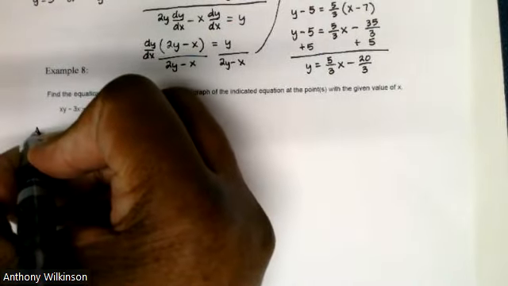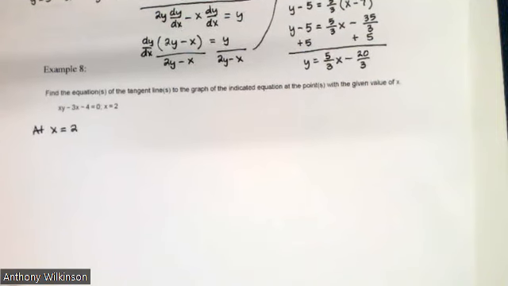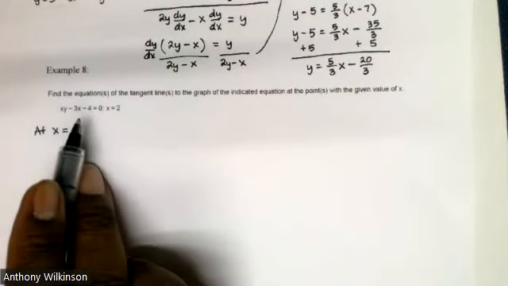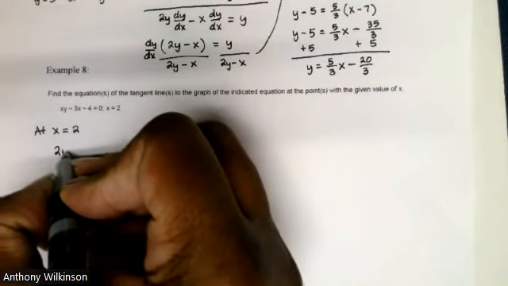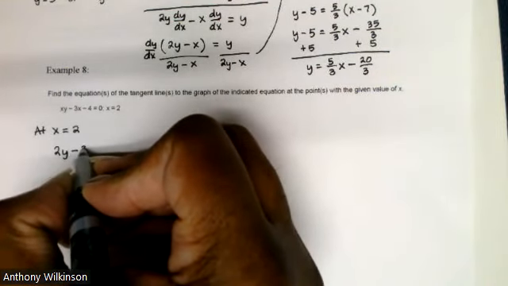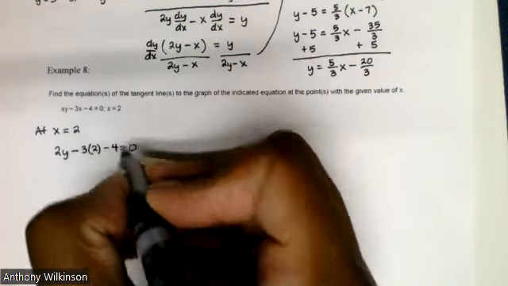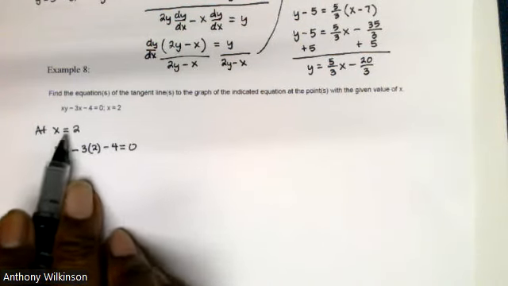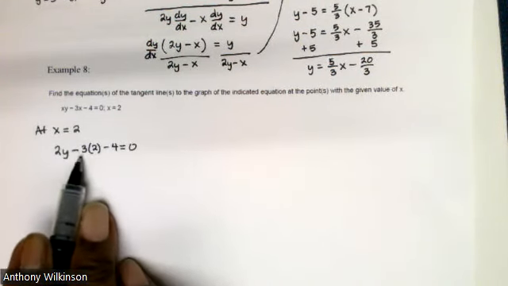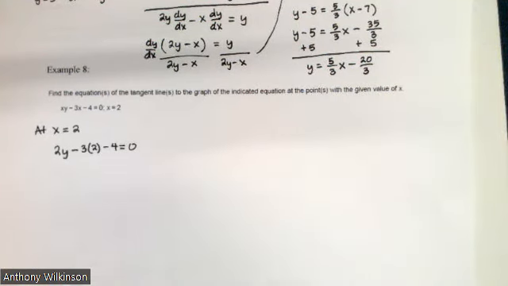Well, let's find out what y is when x is equal to 2. So we just substitute each and every x in this equation with 2. So this will be 2 times y minus 3 times x, which is 2, minus 4 equal to 0. So that x is being replaced with 2, so I have 2y. This x is being replaced with 2, so I have minus 3 times 2, then minus 4 is equal to 0.